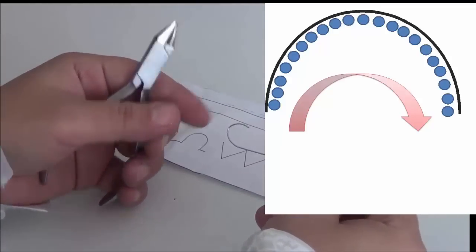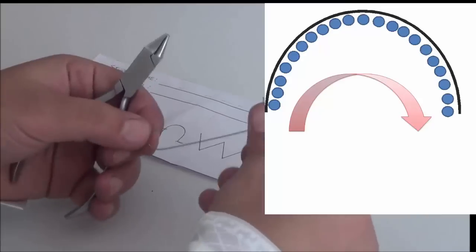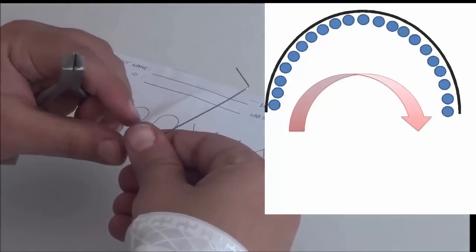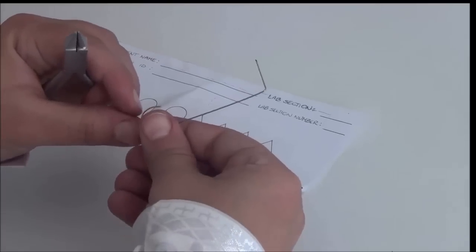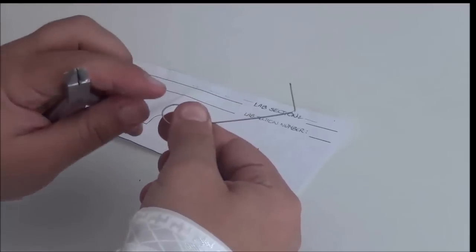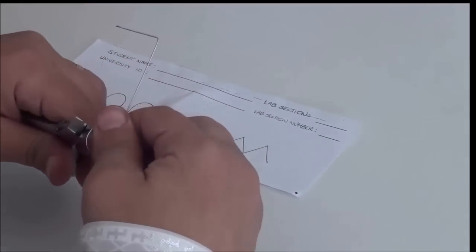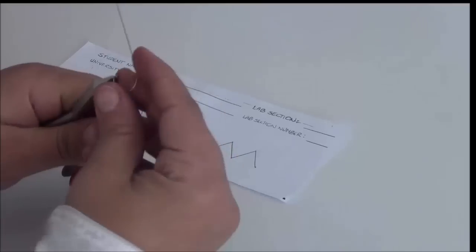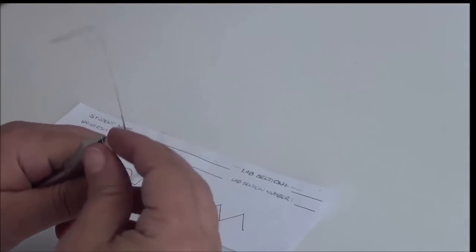So I create this by a small bend here, a small bend here, a small bend here, and so on until I finish. If I want to make it smaller, I go back to the beginning and bend even more. So suppose I want this curve smaller.